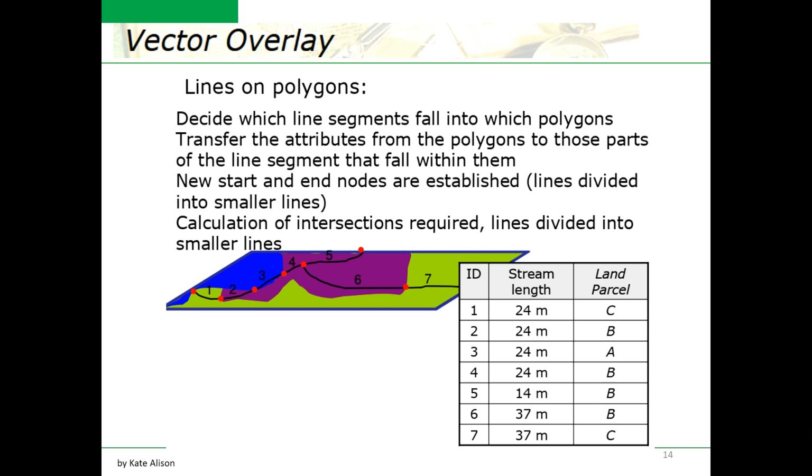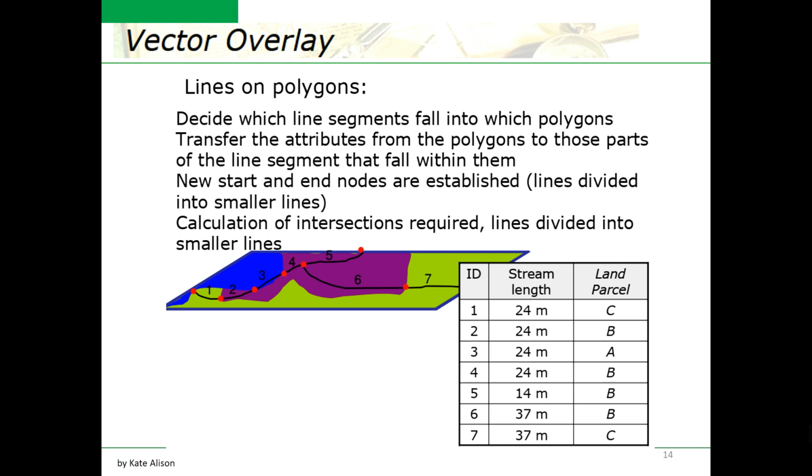So you have to really understand what is going on, so as not to be surprised and not to erroneously use this information for your further computation. And for each of these newly created segments, the corresponding land parcel attribute is assigned.